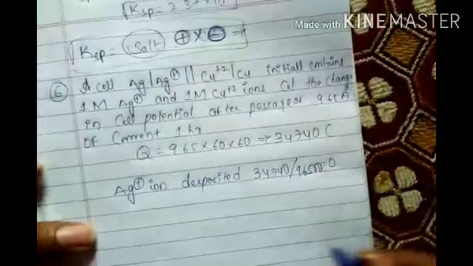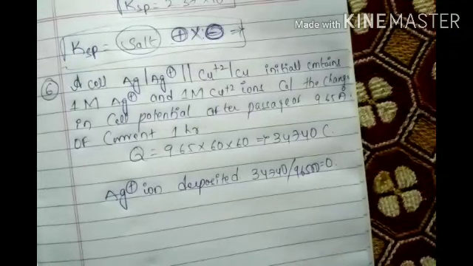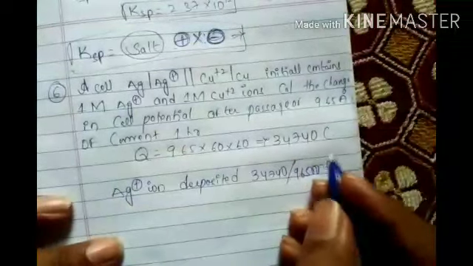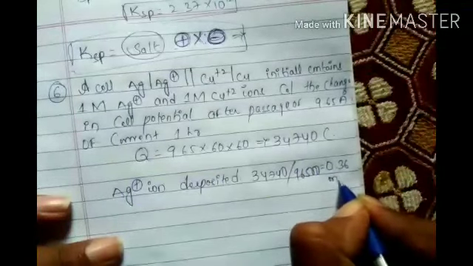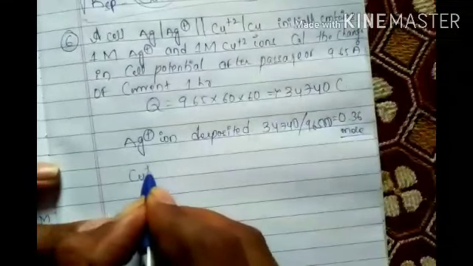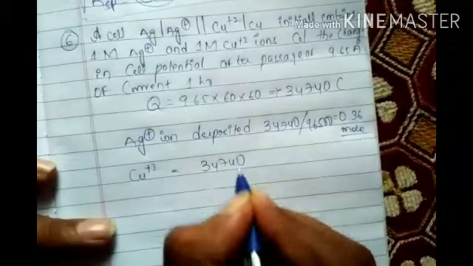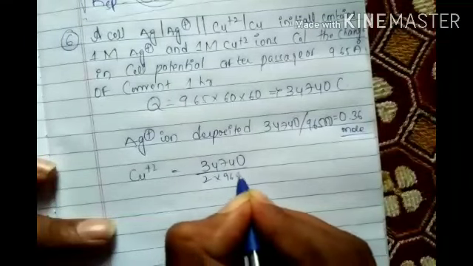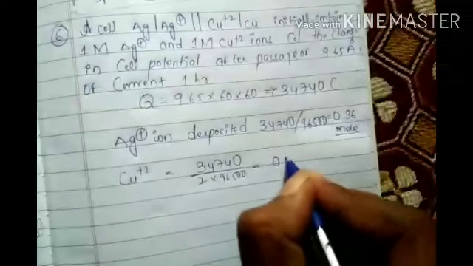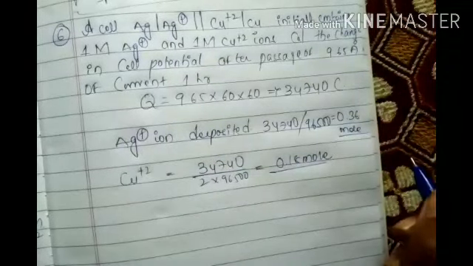We take moles because we are taking how much Ag is deposited. So 0.36 mole is coming. Now same for Cu plus 2, how much is coming? It is 34740 by 2 into 96500. Okay, so 2 is the number of electrons, that's why this is 0.18 mole. So that is 0.36, this is 0.18.